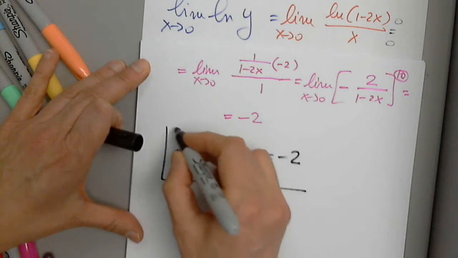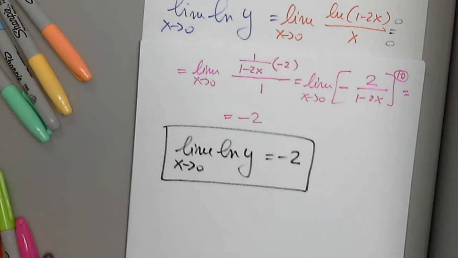Let's discuss this. This is our result so far. It's not done, of course. Now, let me refresh our memory on a theorem that we have not used. I mentioned it several times, but we haven't really used it like we're using it now. This is an operator, limit, and this is an operator, natural log. Because this function is continuous, we've done this before, we are allowed to do something.